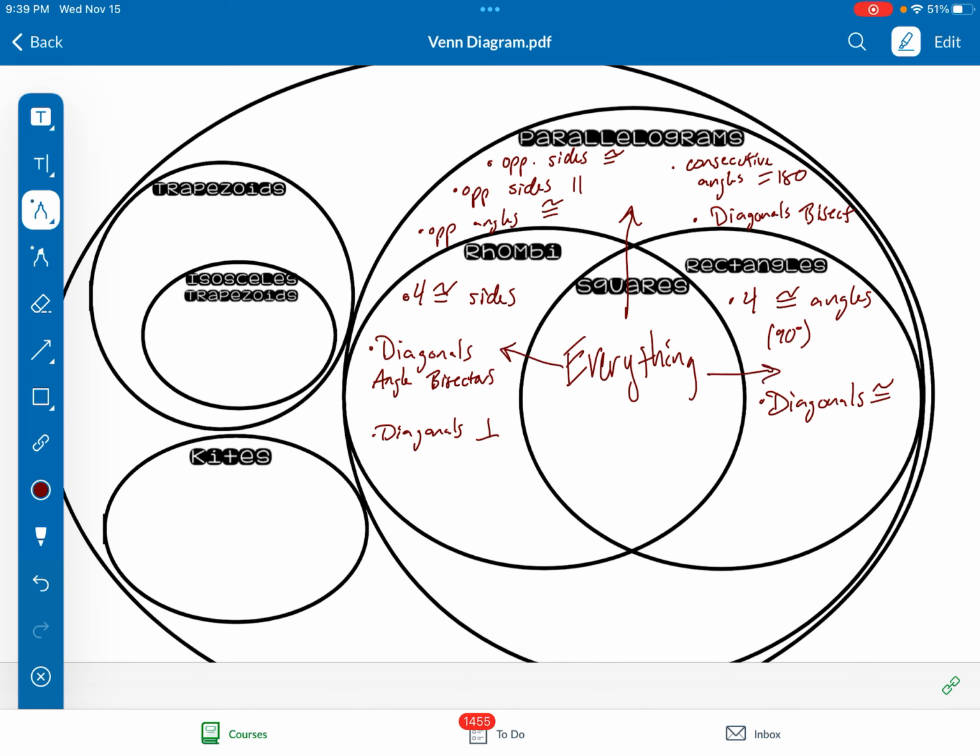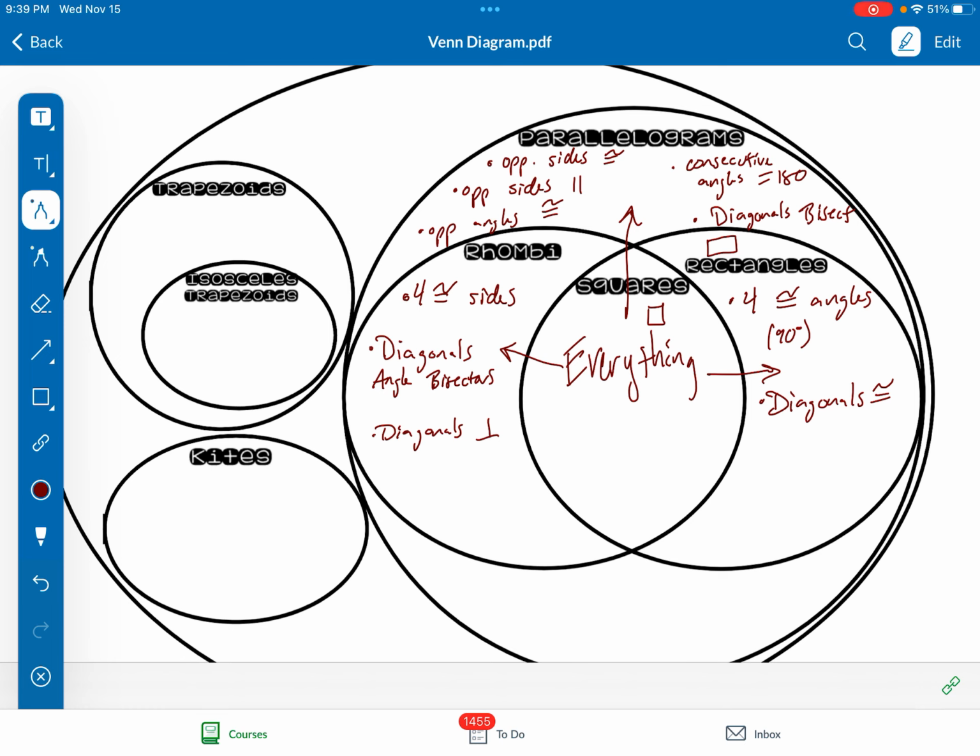So I know Pablo likes to ask, is a rectangle a square? And no, rectangles are not squares. Okay, this rectangle here does not fit into this square category. However, a square is a rectangle. So I know people get that saying backwards all the time. Squares are rectangles, right?